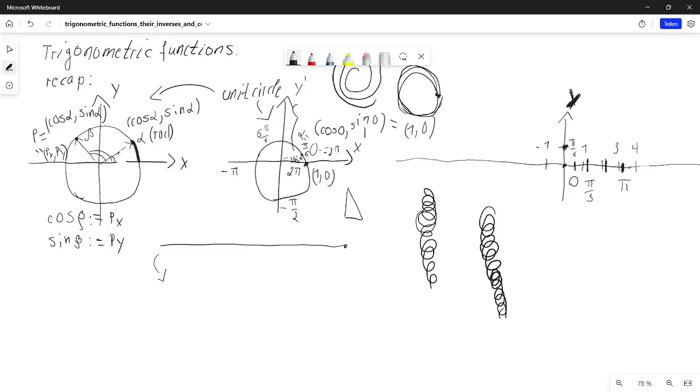And the point here is square root of 3 by 2 and 1/2. If you don't recall that, just look at considerations from the last time when we dealt with trigonometry, and there it is computed right.